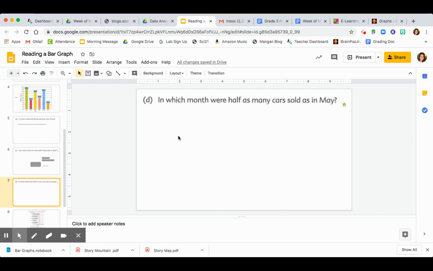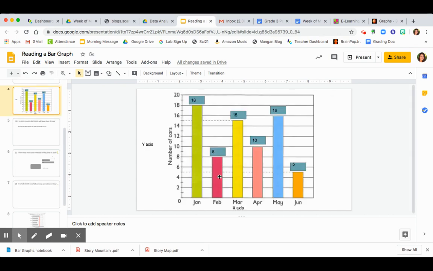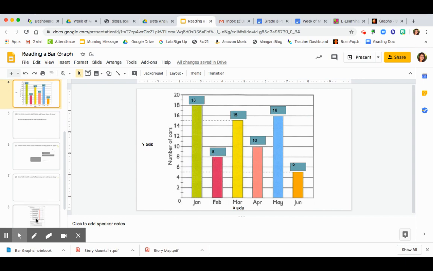In which month were half as many cars sold as in May? So I'm going to look at May and I'm going to look for which month had half as many cars sold. So let's go find May. 16. What's half of 16? Yeah, it's 8. So which month has 8? It's February.